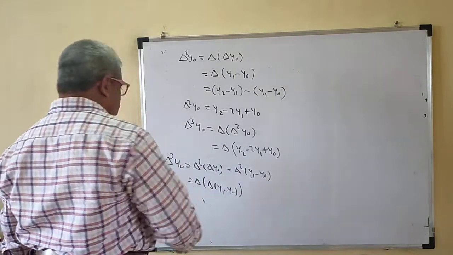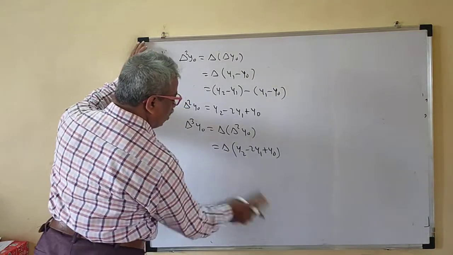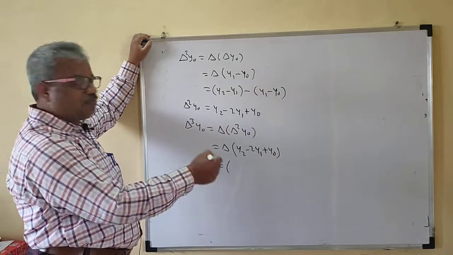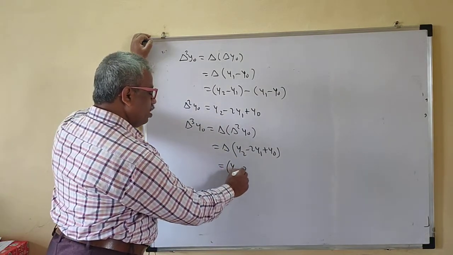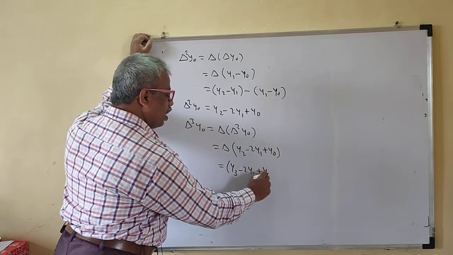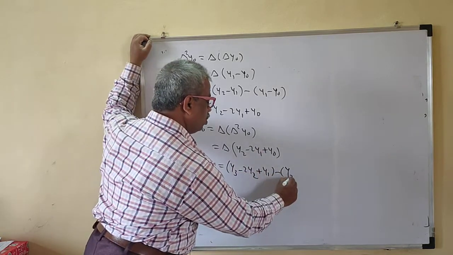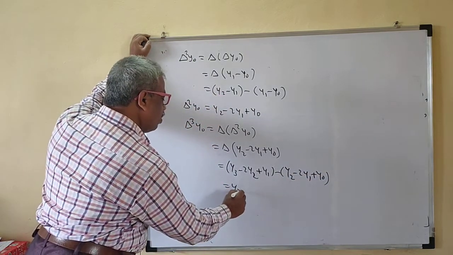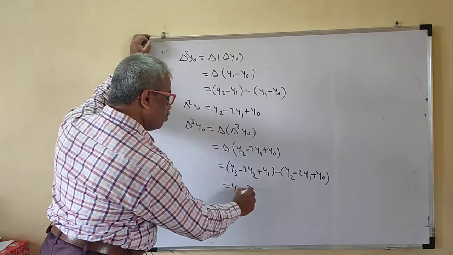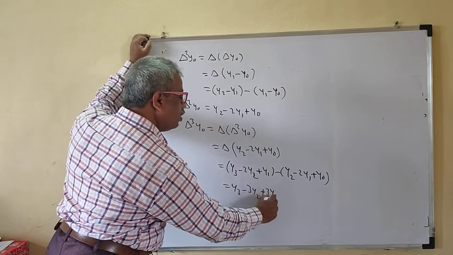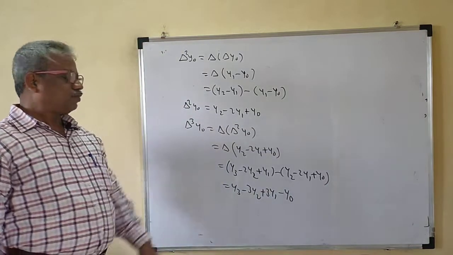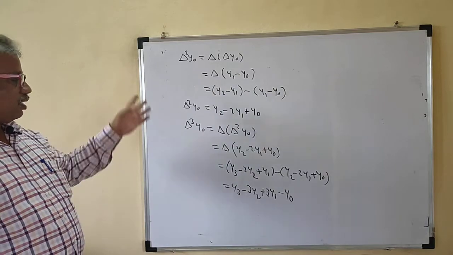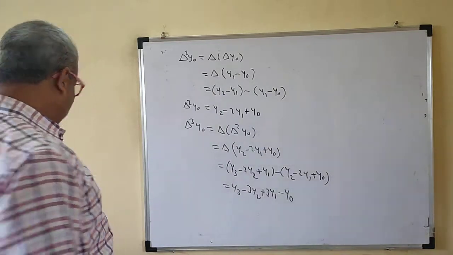Here I have just calculated this, so I am using that one. Now you have to increase your suffix by 1. So this will be y3 minus 2y2 plus y1, and you have to subtract this as it is: y2 minus 2y1 plus y0. So this will be y3 minus 3y2 plus 3y1 minus y0. Okay, in this way you can operate the first forward difference operator, second forward difference operator, third forward difference operator and so on.